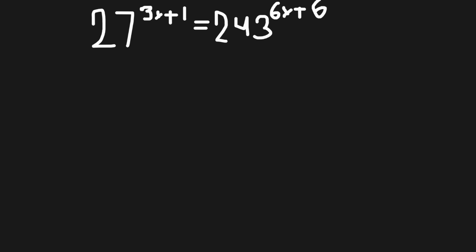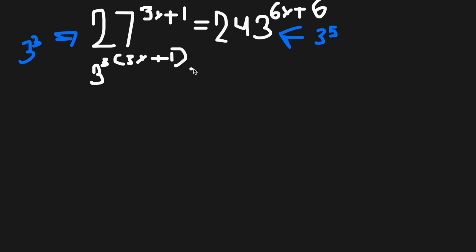As some of you may already know, this is going to become 3 to the power of 3, and this is going to become 3 to the power of 5. So we're going to simplify this as 3 to the power of 3 times 3x plus 1, equal to 3 to the 5 times 6x plus 6. Sorry guys, the numbers are kind of looking a little mushy here and there.